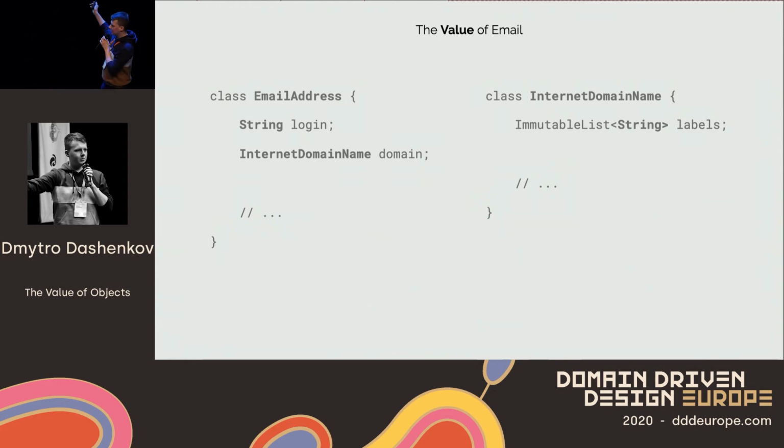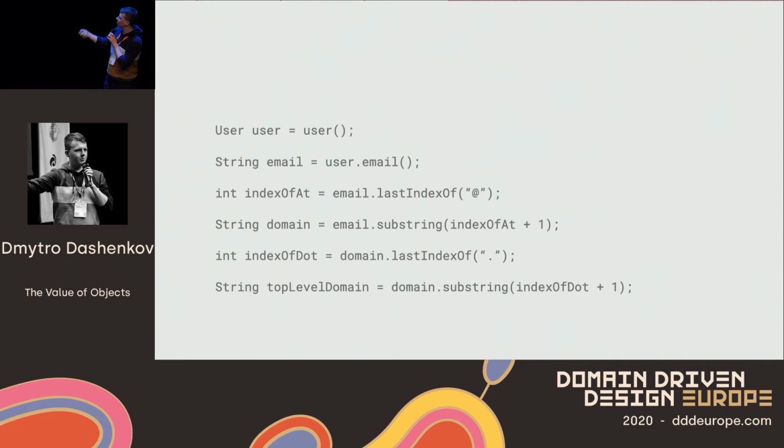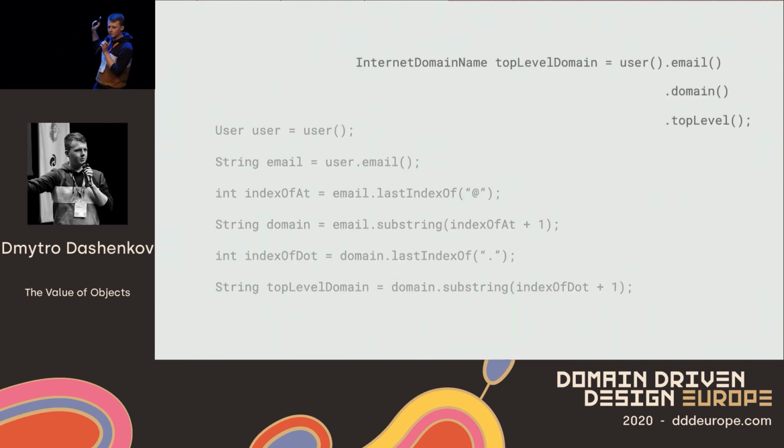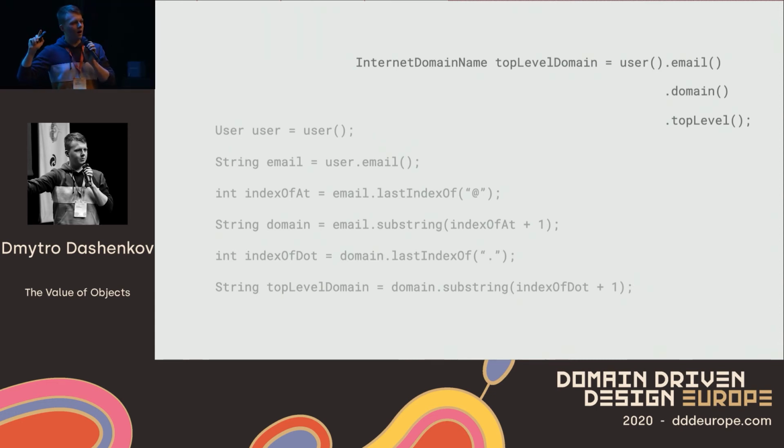For instance, let's consider making email address and internet domain name value objects. Now, how do we rewrite this code, which we've seen previously? Just with one line of code. Everything else is contained inside the value object.